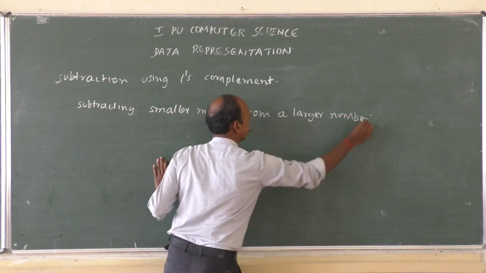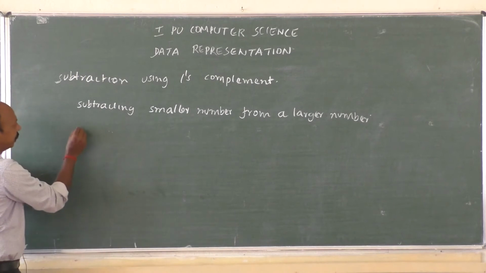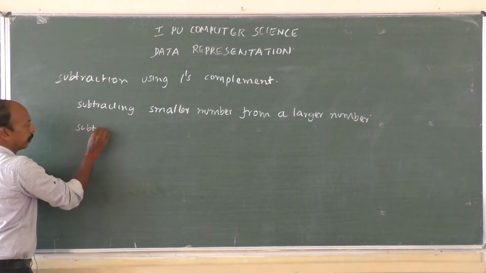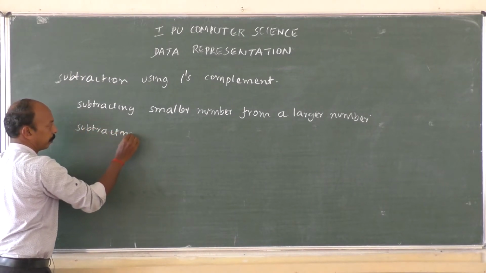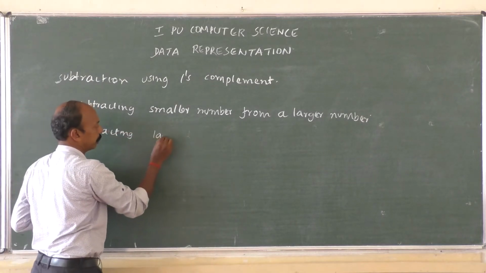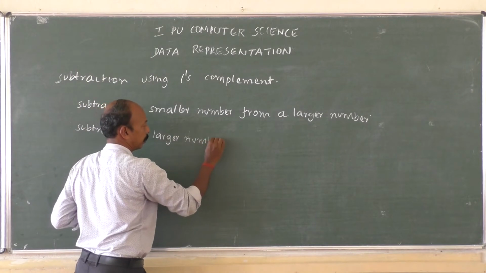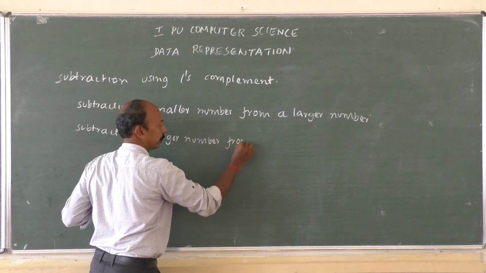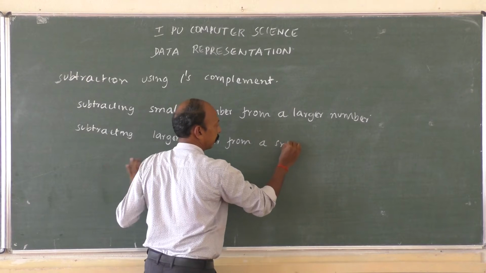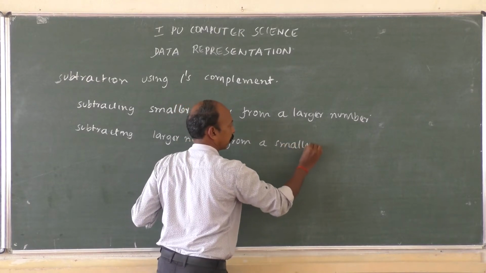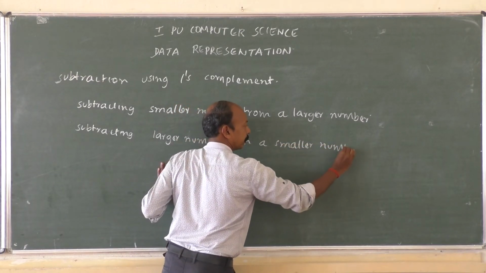So the second one will be subtracting a larger number from a smaller number. First method already we have seen.